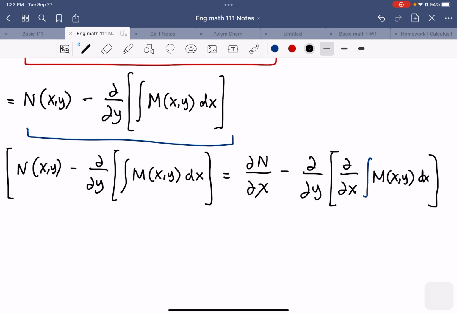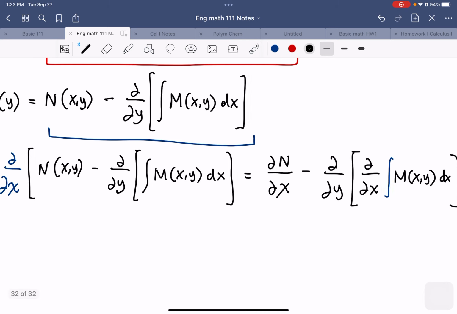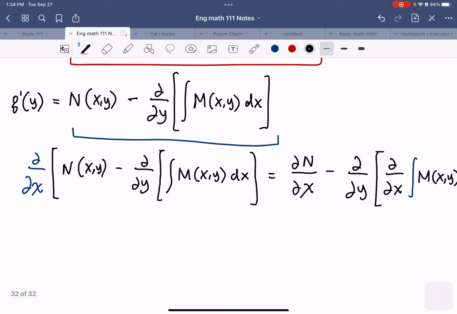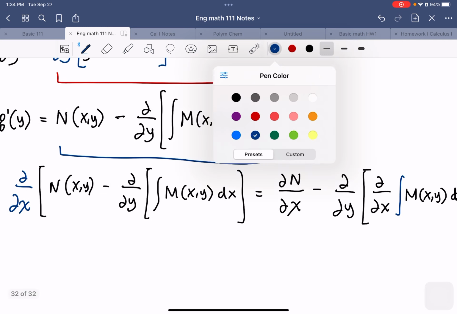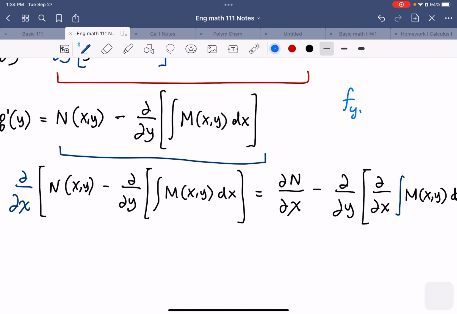Now, why can we do this? Why can we move this partial x inside here? Because no matter x or y, they will be the same value at the end, right? Remember from your calculus that when you have partial yx, this will be equal to partial xy.